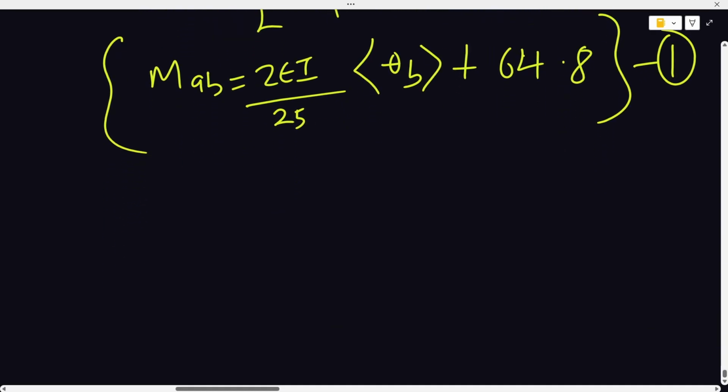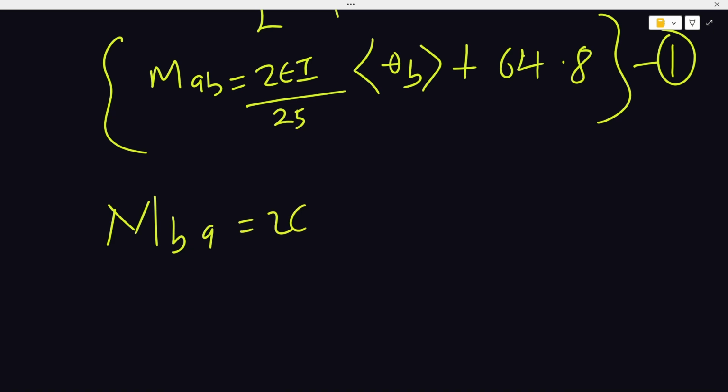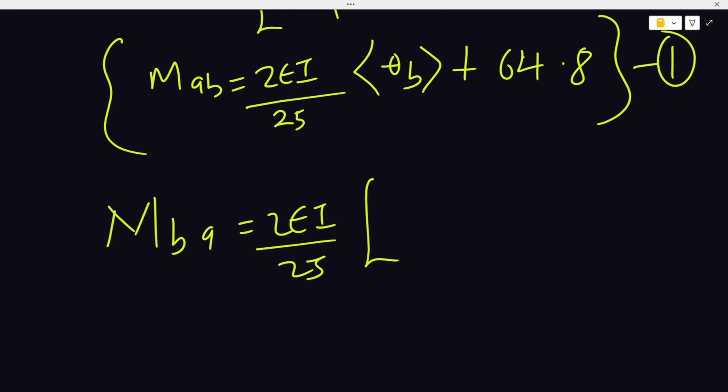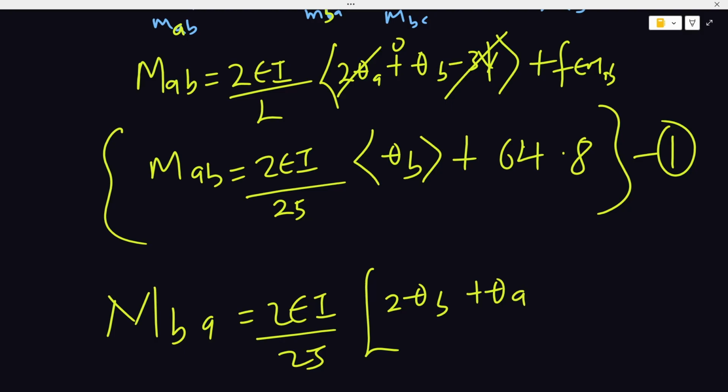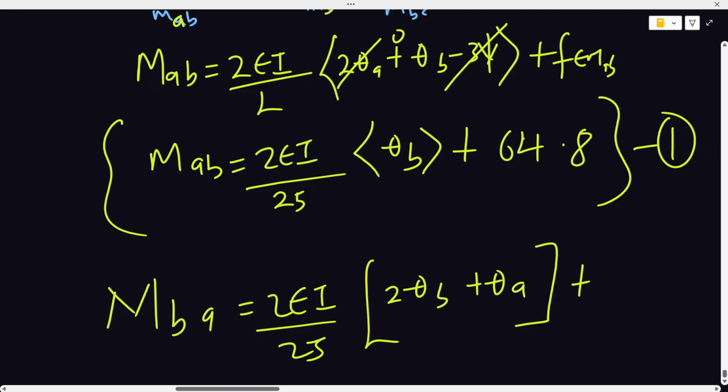Similarly, MBA is 2EI over 25, open bracket. Now this time it will be 2 theta B plus theta A. Now once again that guy is 0, chord rotation, plus FEM BA.